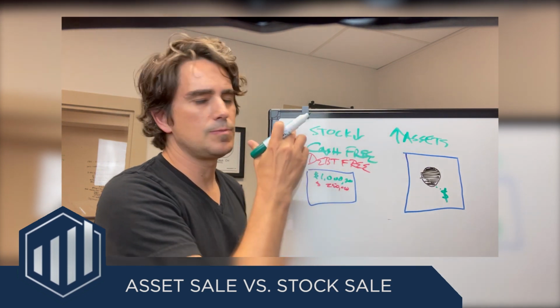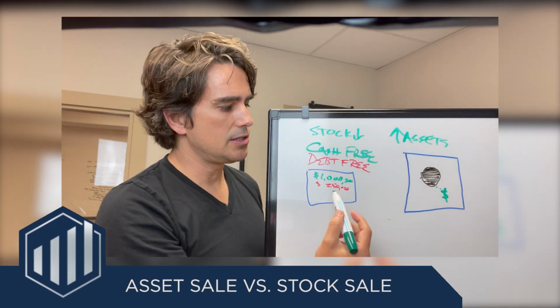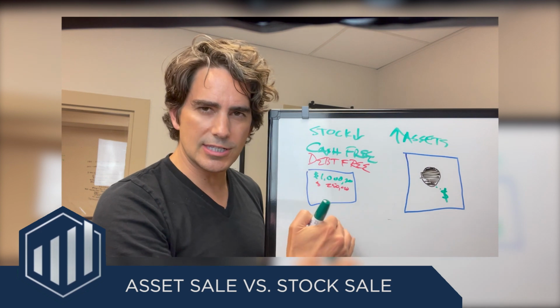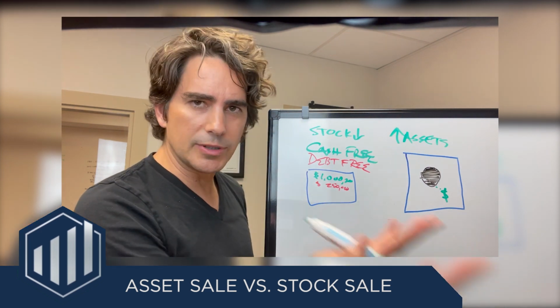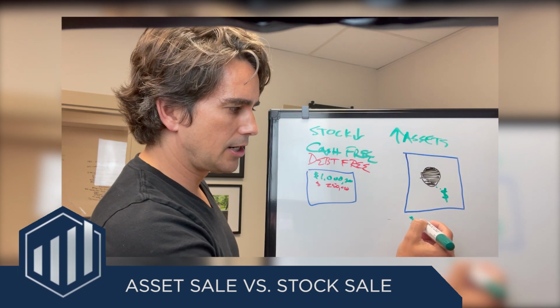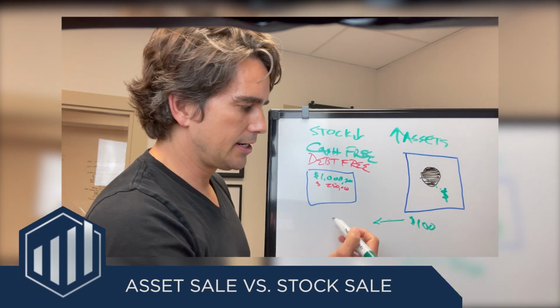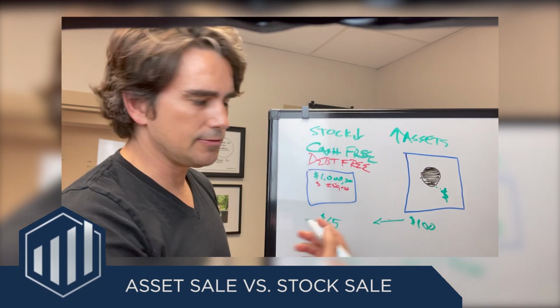And the reason why is because the cost of the purchase price tends to be worth more to the seller. So, bad example, but just to make an example, let's say I'm going to buy a company for $100, and after taxes, this person is going to get $65.